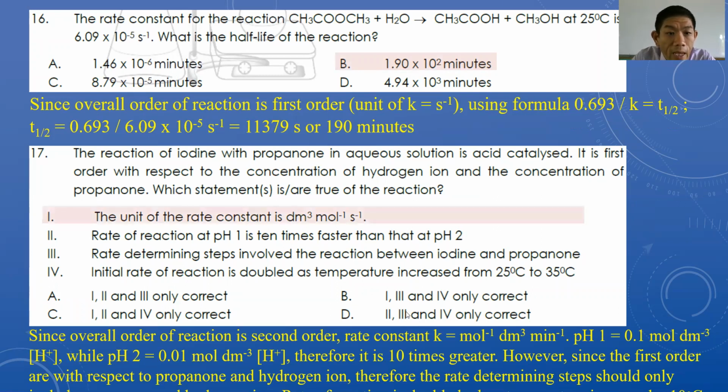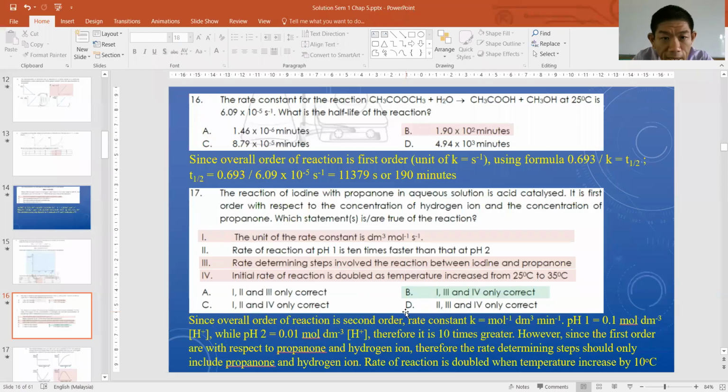Number 1 is correct. And then number 2, the rate of reaction at pH 1 is 10 times faster than at pH 2, which is also correct because pH 1 is 0.1 and pH 2 is 0.01, so the concentration is 10 times greater, and the rate is 10 times faster. So number 2 is correct. Sorry, I didn't highlight.